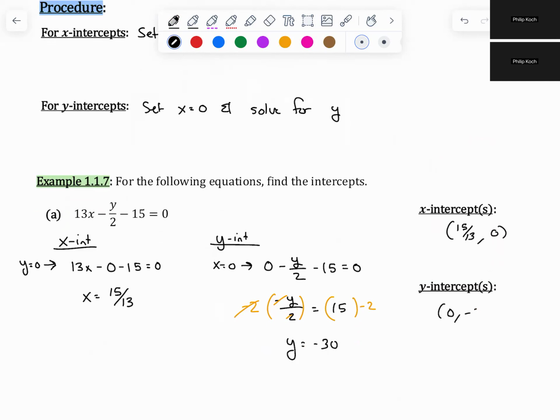So 0 comma -30, or once again, just -30 if you want to write it as just the y coordinate. Sorry, I'm going quick because I want to get to the next section as soon as possible.